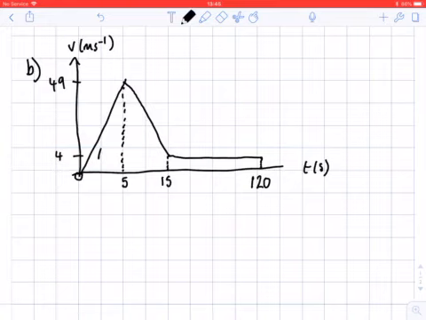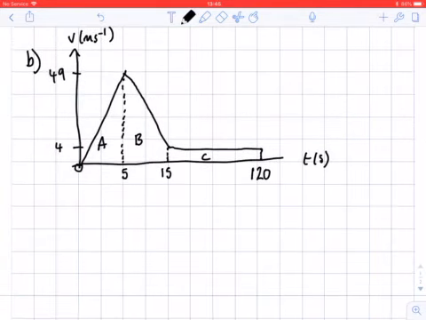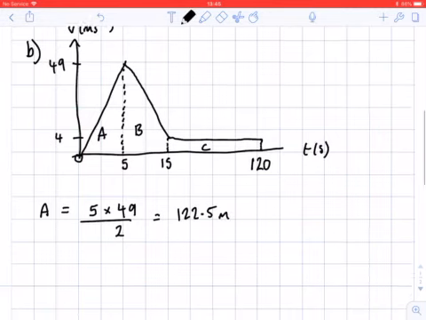So what we normally do here is split our velocity time graph into 3 parts, A, B and C, and then work out the area under each part. So if I look at A, that's a triangle, and the formula for a triangle is base times height divided by 2. So my base is 5, my height is 49, divided by 2. That'll give you an answer of 122.5 metres.